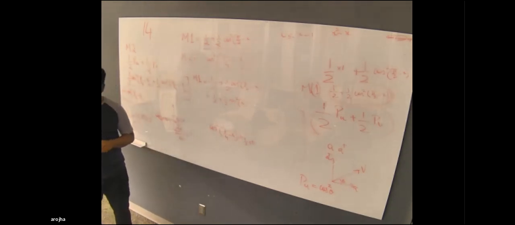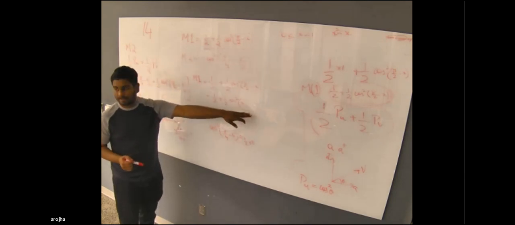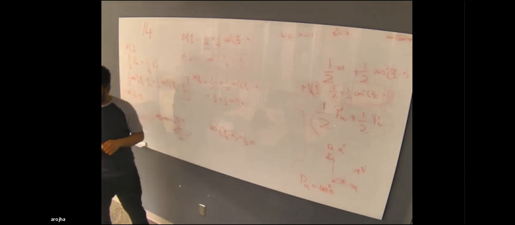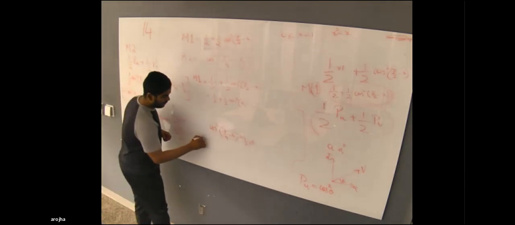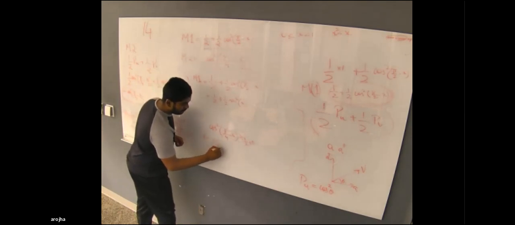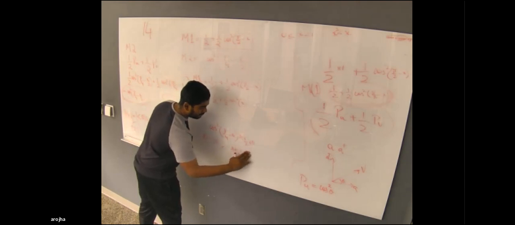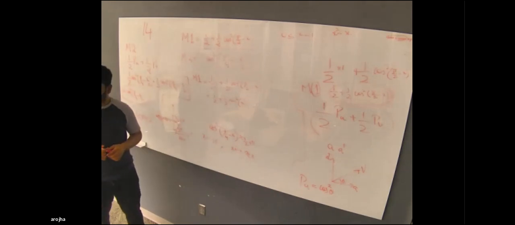And I know that as x tends to 0, sine of x tends to x. This is given in the problem. I just replaced x with theta.